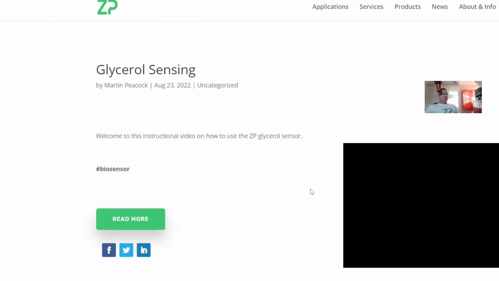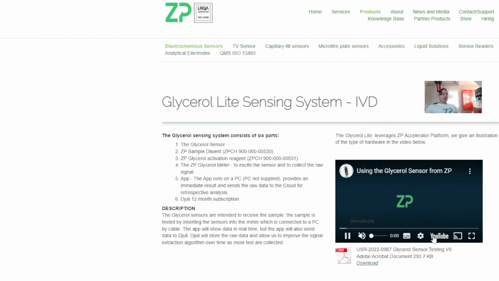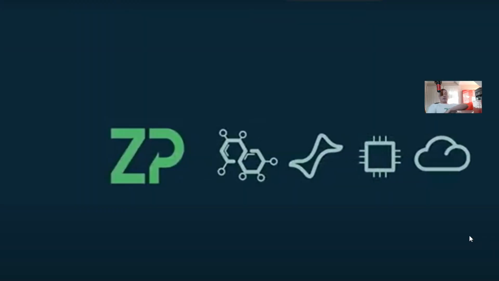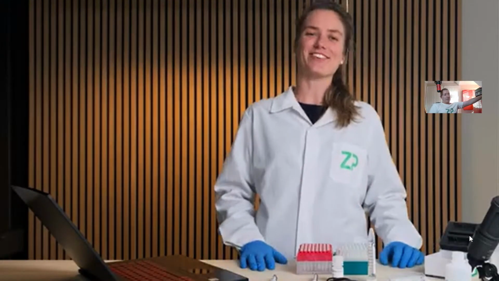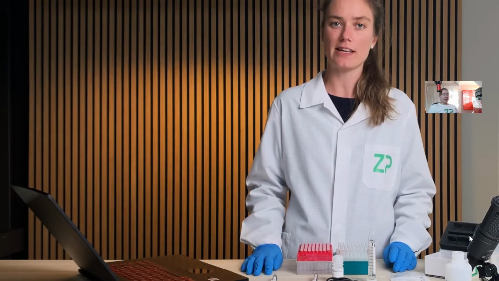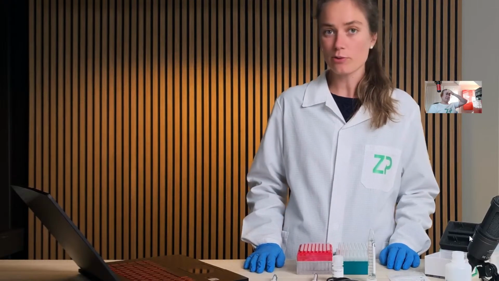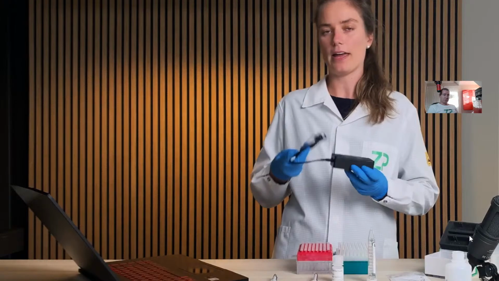Now, one of the things that we've done this week is the ZP team has put together a really nice video introducing one of our newest sensors, which is a glycerol sensor. Glycerol is kind of an unusual molecule because, if you're a chemist, you look at molecules, they have a lot of functionality. And glycerol doesn't have a lot of functionality. It has what we call OH groups or alcohol groups.